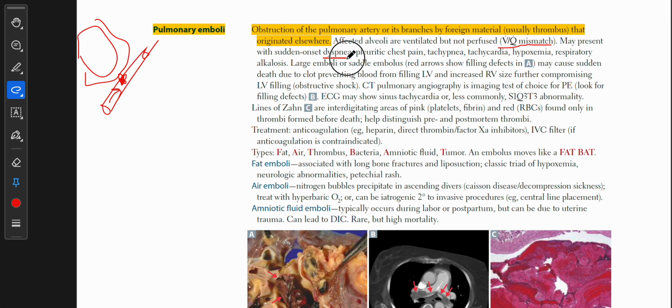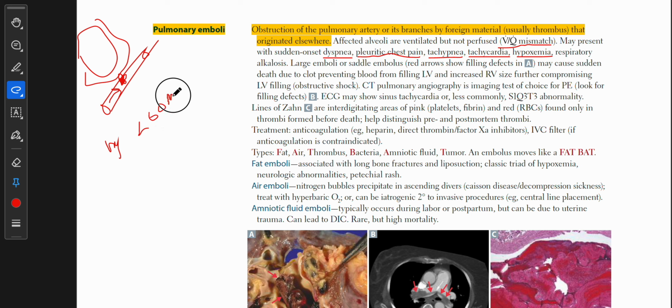It may present with sudden onset dyspnea, which is difficulty in breathing, and pleuritic chest pain, then tachypnea, which is increased breathing rate, tachycardia, increased heart rate, and hypoxemia, decreased partial pressure of oxygen. If the partial pressure of oxygen is less than 60 mmHg, that is hypoxemia.